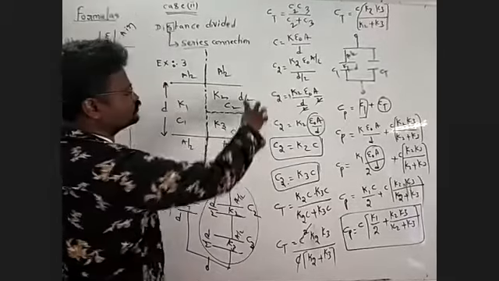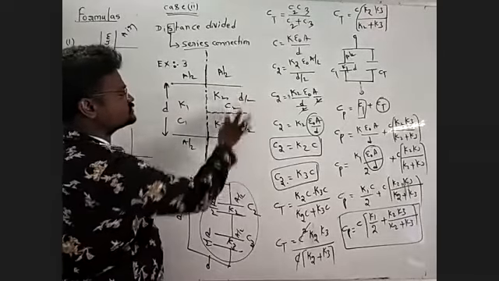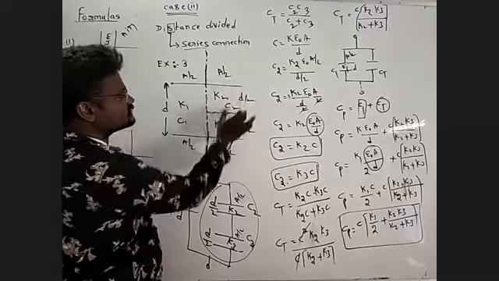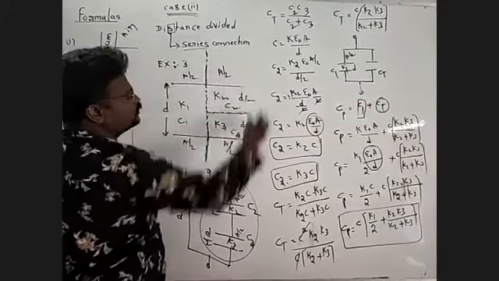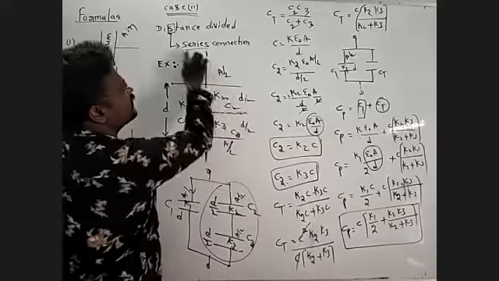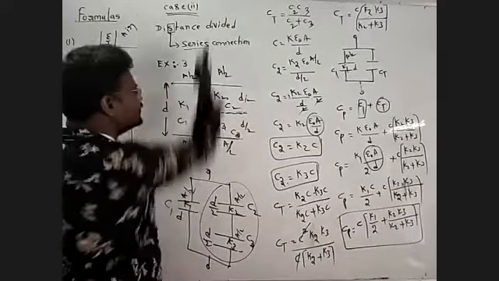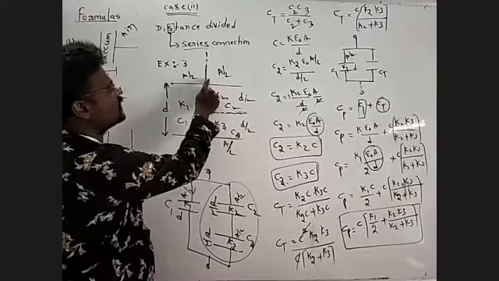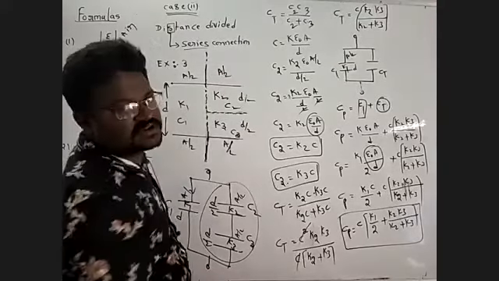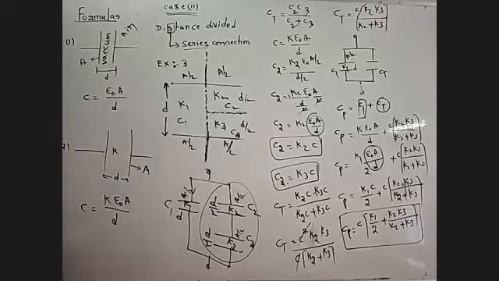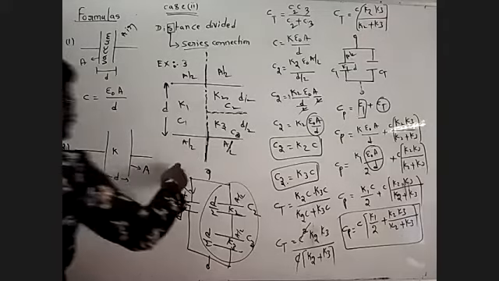This is D by 2, this is D by 2. The distance can be divided into two equal parts, so these two capacitors are in series. The area can be divided into two equal parts, so these two combined capacitors are connected in parallel. Keep this in mind, it is a very important rule.